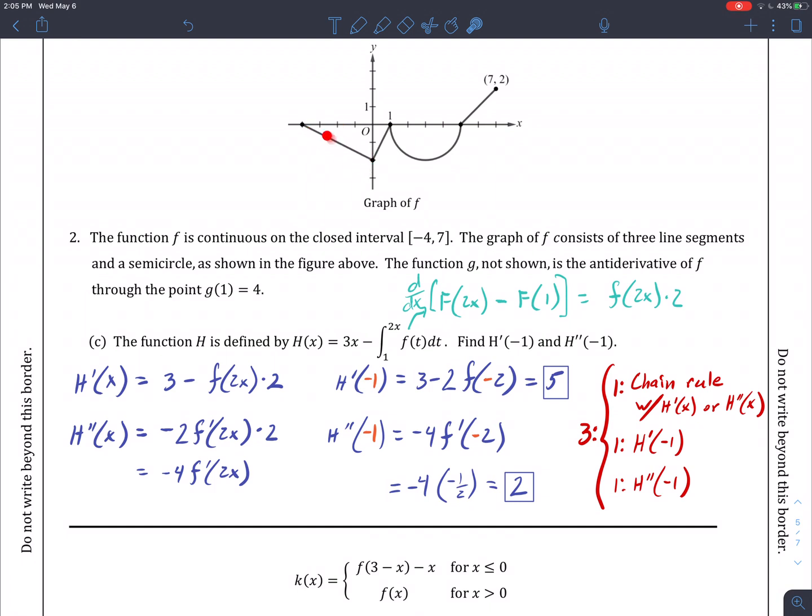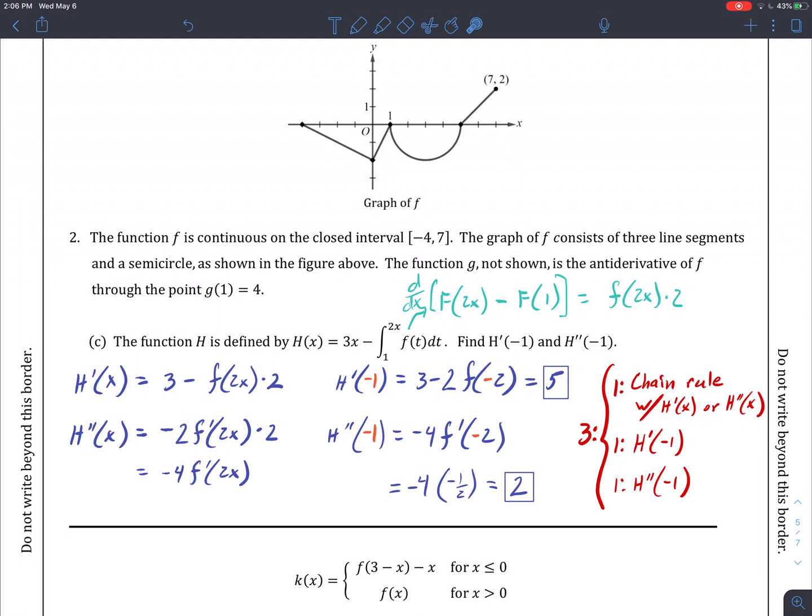So the slope here at x equal -2 is on this line, is the slope of this line. And the slope of this line is -1/2. You go down 2 and over 4, so -1/2. So -4 times -1/2 gives me +2. So the answers are 5 and 2.